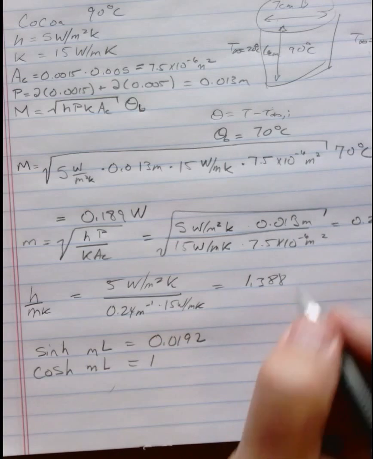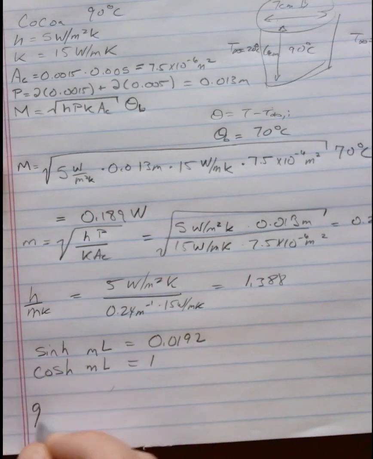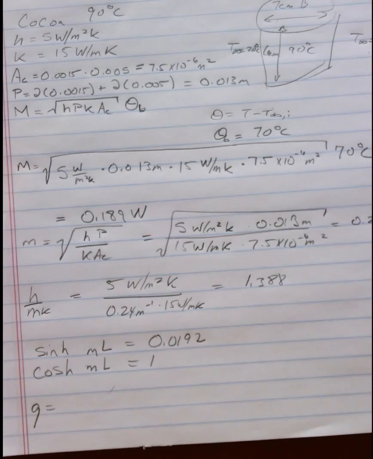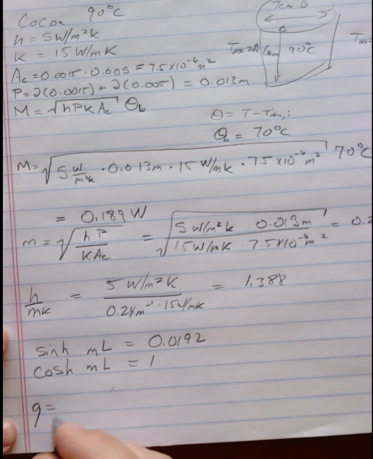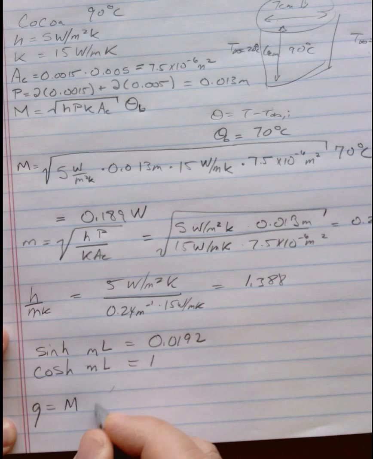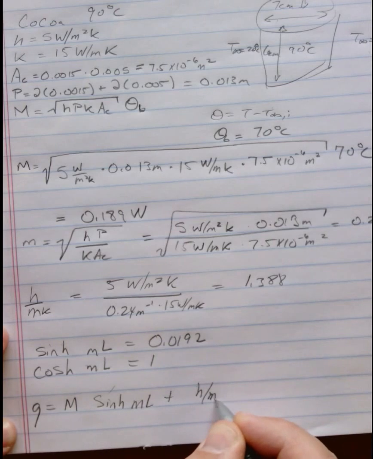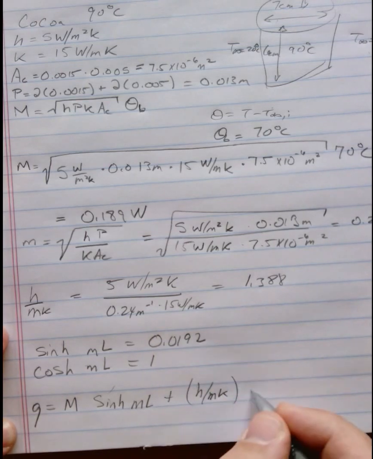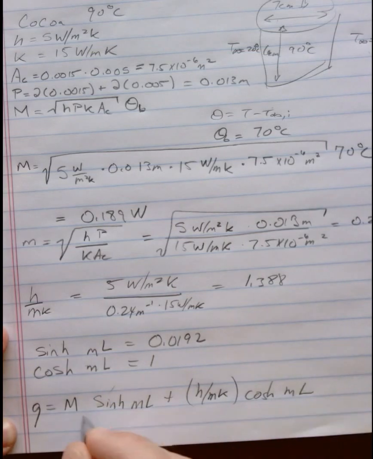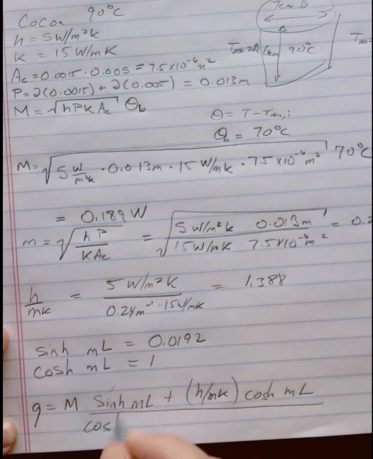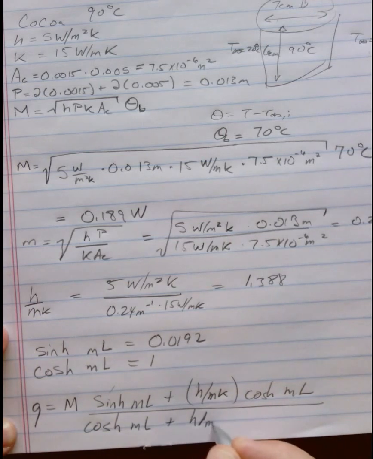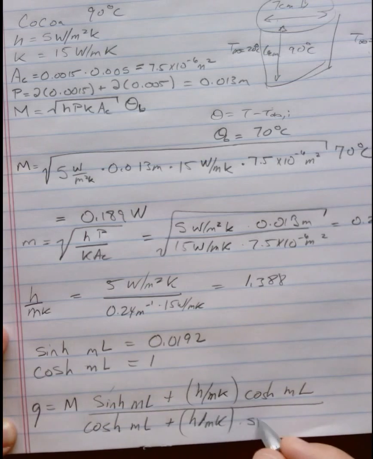And the reason I want that is that my heat transfer total from the fin is equal to, from table 3.4 in your book, capital M times hyperbolic sine of ML plus h over mk times hyperbolic cosine of ML, over hyperbolic cosine of ML plus h over mk times hyperbolic sine of ML.